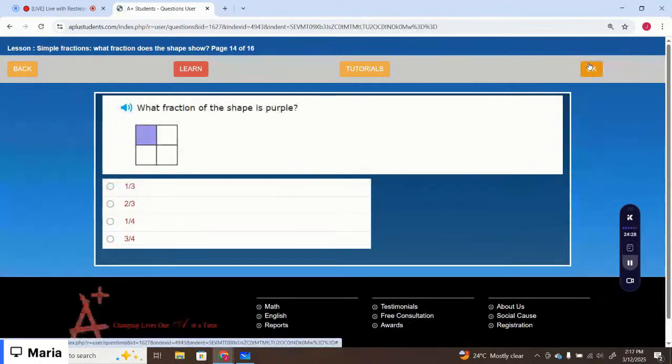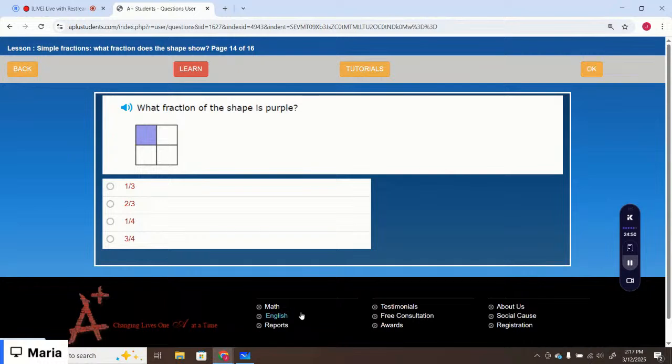What fraction of the shape is purple? That is 1 out of 4. Option number 3 is the correct option.